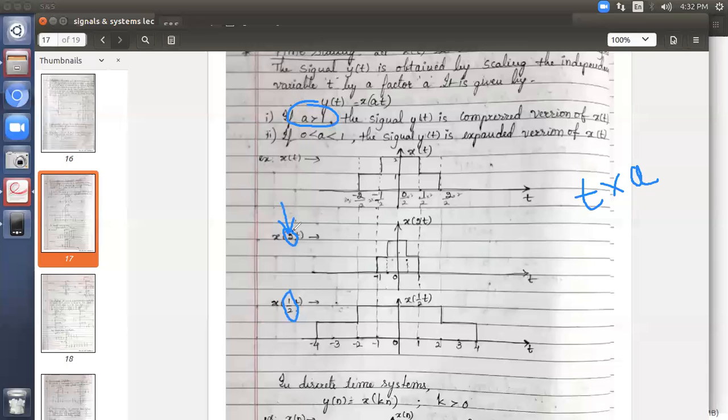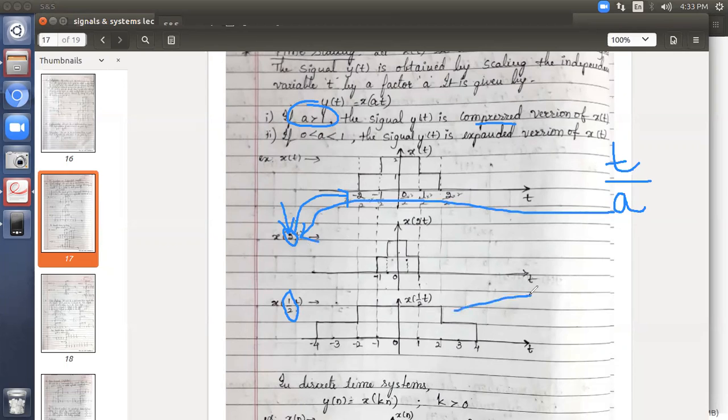As a is 2, we are multiplying it by 2. In the first case, as we want it compressed, what we have to do? It is not multiplying, it is dividing. Whatever time value is there, we divide it by a. That a is 2 here.